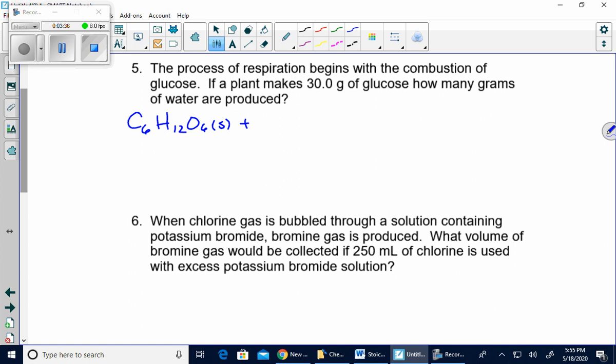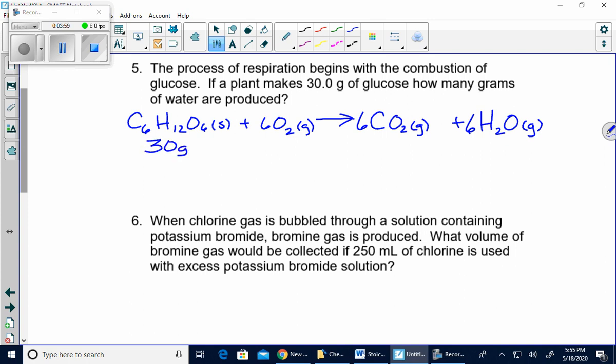So glucose reacts with oxygen gas in a combustion reaction to get carbon dioxide and water vapor. All right, so there's my balanced equation. If I start with 30 grams of glucose, how many grams of water will I produce?